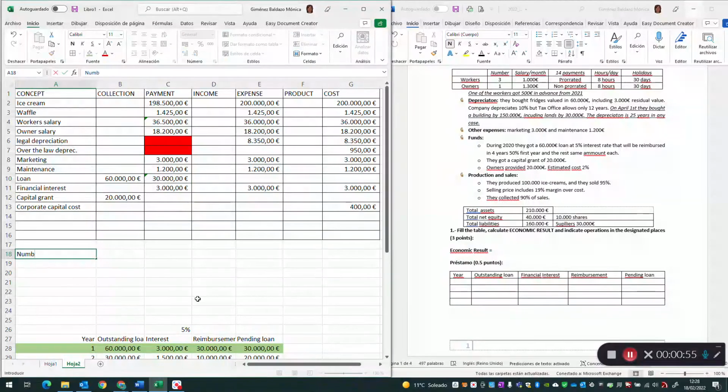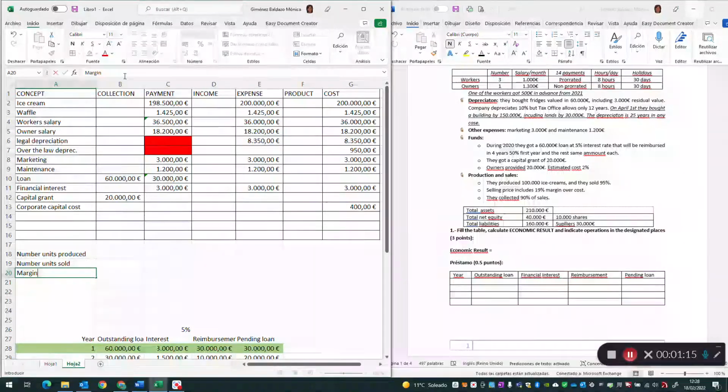So we need the number of units produced. We need the number of units sold. And then we need information about the margin, which is over cost. This is important. And then we need information about the collections.